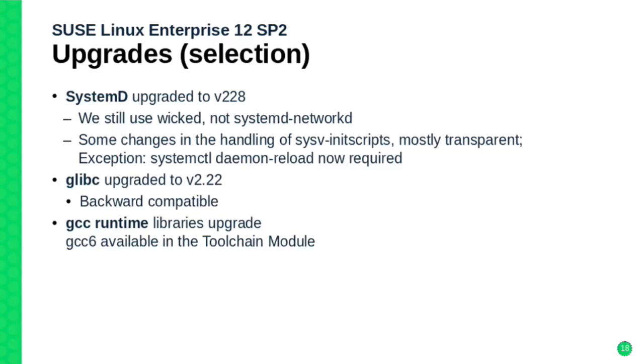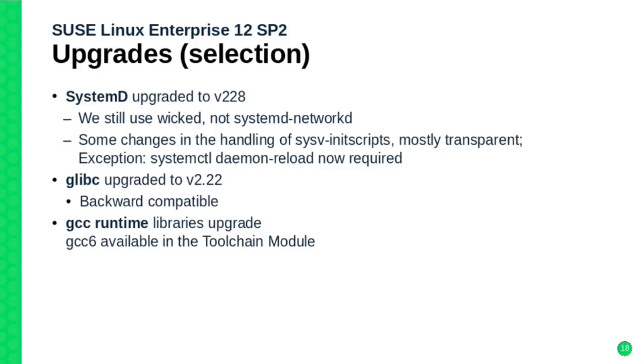One of the modules we have is the toolchain module. You know, when we released 12 GA, we had GCC 4.8 on that and used that to compile the distribution. We are still using that to compile all the packages that we ship, and we are still using it as system compiler. But you know, life goes on, and we meanwhile have GCC 6, which you need for some applications to compile, and because it's producing some faster code or has fewer bugs in some areas.